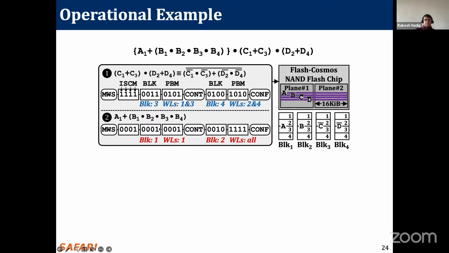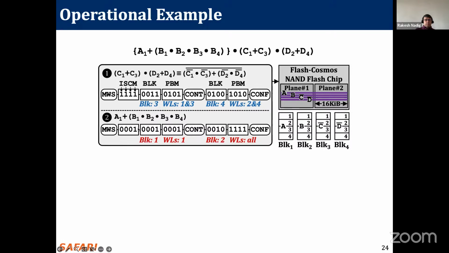So again we have to perform this MWS on 2 blocks. For A1 we use block 1 and word line 1, and for the B operands in block 2, we provide the block information and all the word lines within that block.